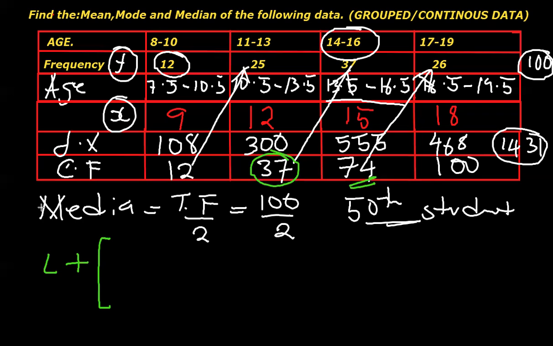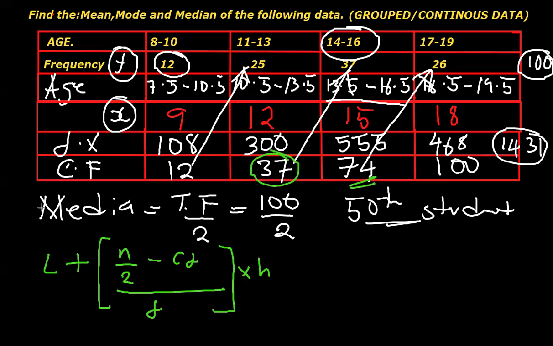We take the total number of observations, which is n, divide by 2, minus the cumulative frequency below the median class, all right, then divide by the frequency of the median class, f, and then I close my brace, and then multiply by the class size, which is h. Okay, I multiply by h.